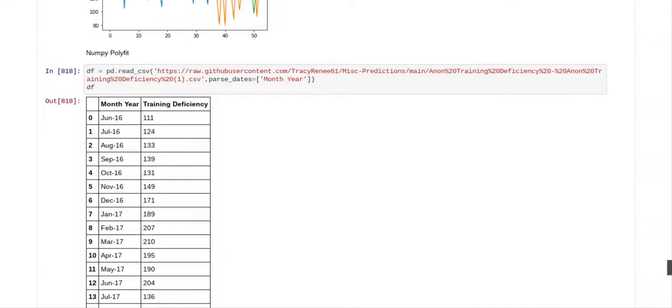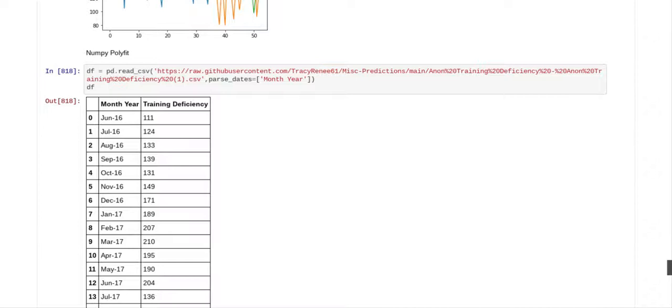I looked at Numpy Polyfit, and in order to do that, I had to manipulate my data frame a little bit to give me an index.